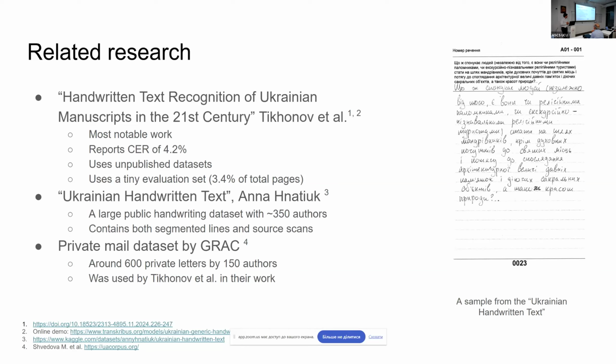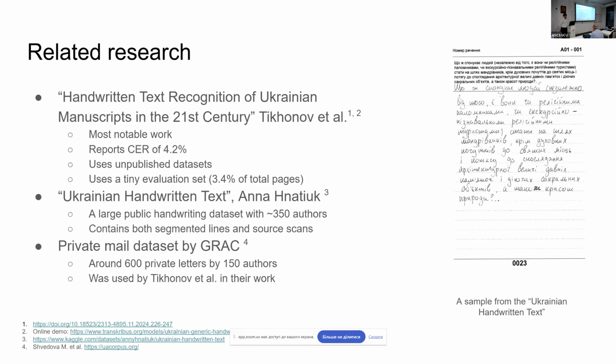There are some works that provide datasets. For example, there is a recent upload of Ukrainian exams called Ukrainian Handwritten Text. This work is yet to be published because it's by a bachelor student from Kyiv University who also does their own research.